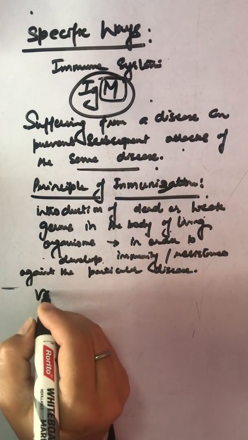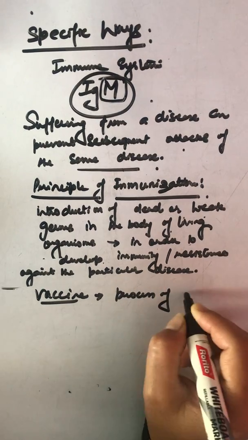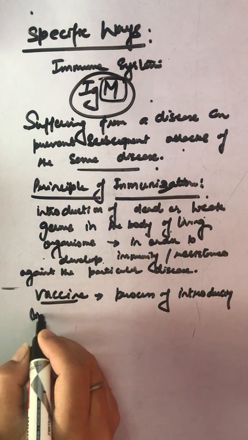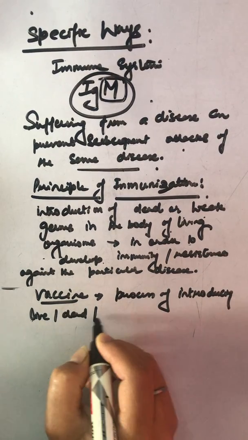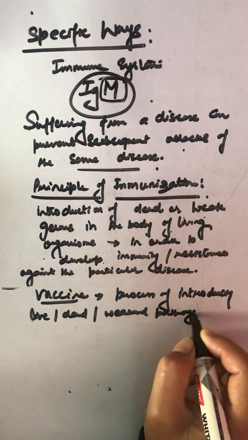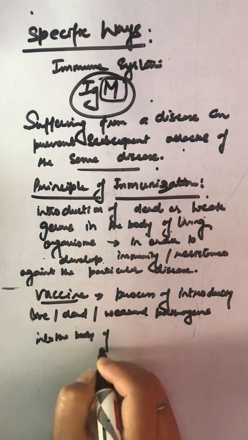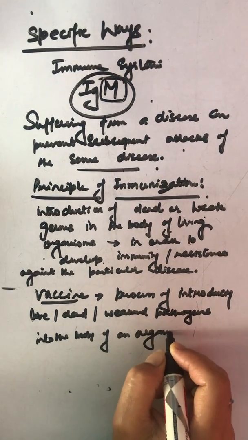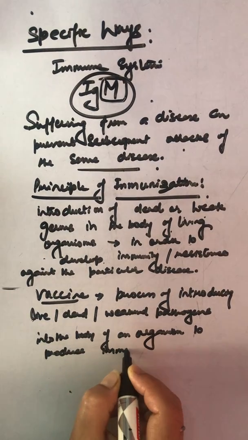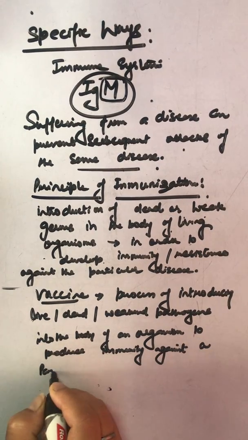So what is vaccine? It is the process of introducing live, dead or weakened pathogens into the body of an organism to produce immunity against a particular disease.